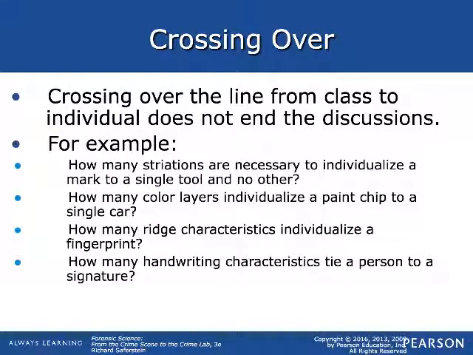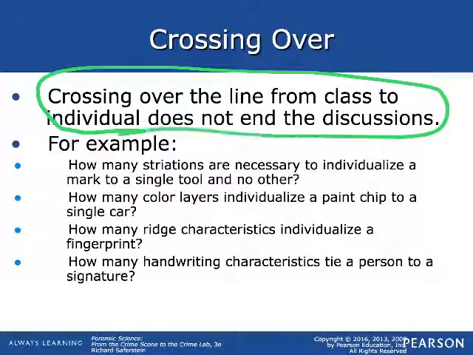Okay, now crossing over. Evidence can cross from class evidence to individual evidence, but there are lots of questions. There's always the what-if thing. For example, how many striations are necessary to individualize a mark to a single tool and no other? How closely does it have to match?